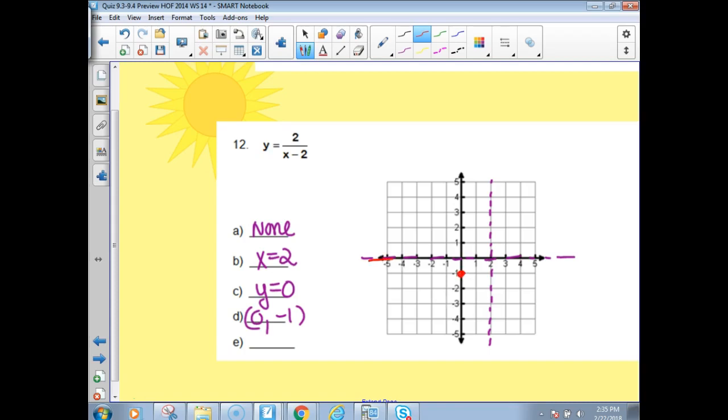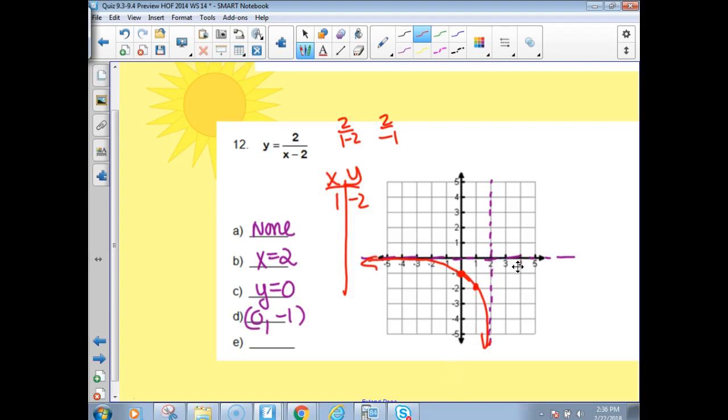I already know what this is going to do here. And maybe we should plug in 1 for x. If I did, I would have 2 over 1 minus 2, which is 2 over negative 1, and that's negative 2. (1, negative 2) certainly looks like I hit it. Finish my arrows.